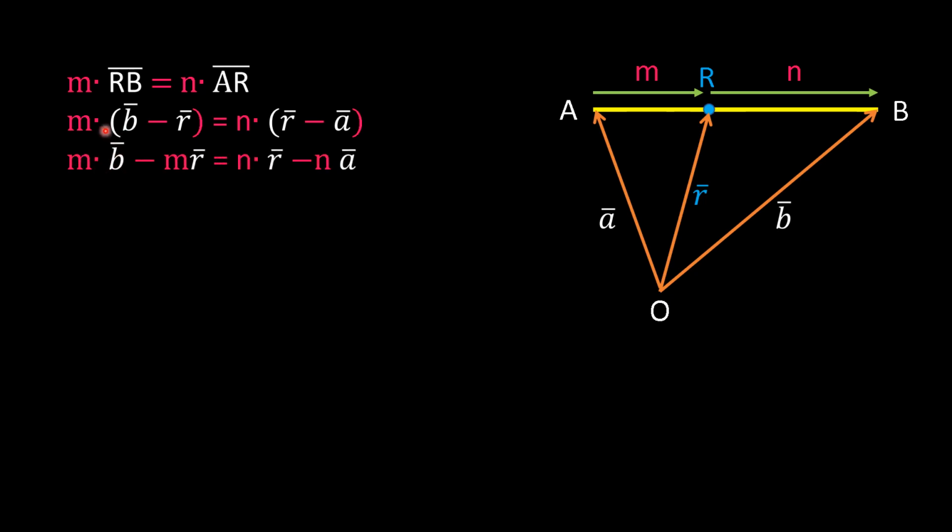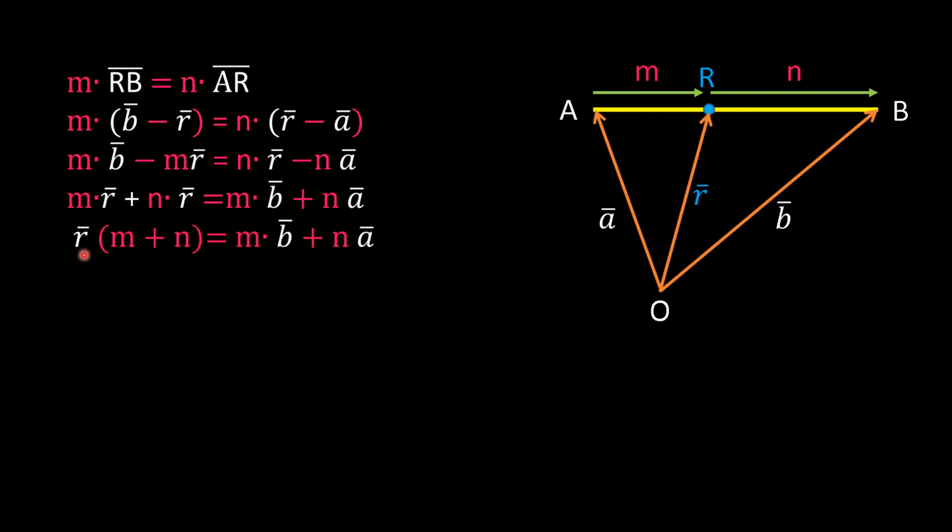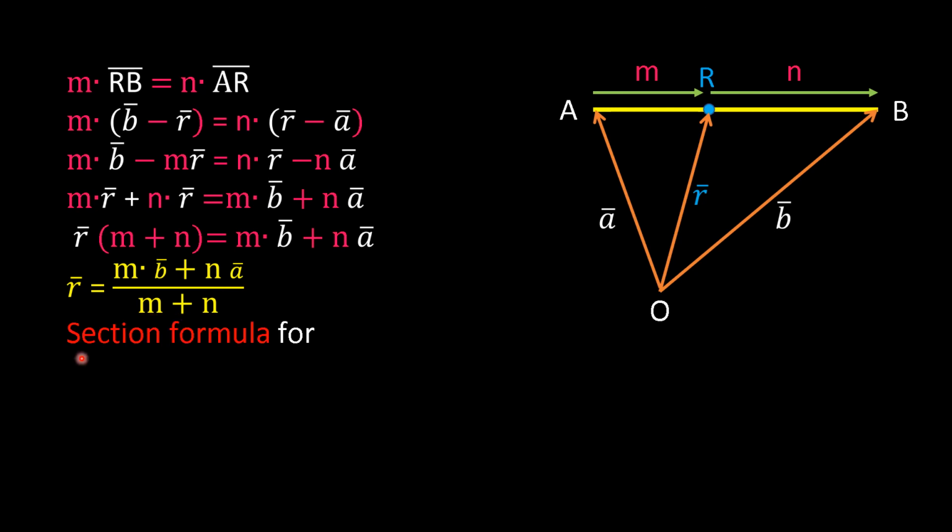It will be m B bar minus m R bar equals n R bar minus n A bar, which gives us m R bar plus n R bar equals m B bar plus n A bar, which will be R bar times m plus n equals m B bar plus n A bar. So this gives us R bar equals m B bar plus n A bar divided by m plus n. So this is the section formula for internal division.